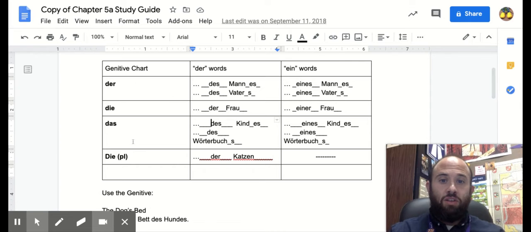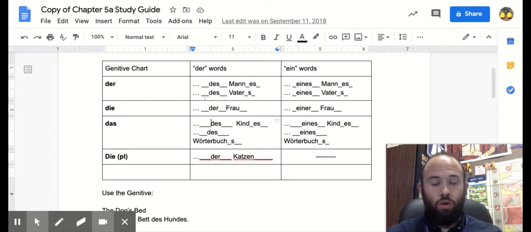So der and das do the same thing. Die and die, so feminine and plural, do the same thing too. Die goes to der in genitive. So if I'm saying the lady's car, das Auto der Frau. Notice, no ending. Masculine and neutral get es or s.